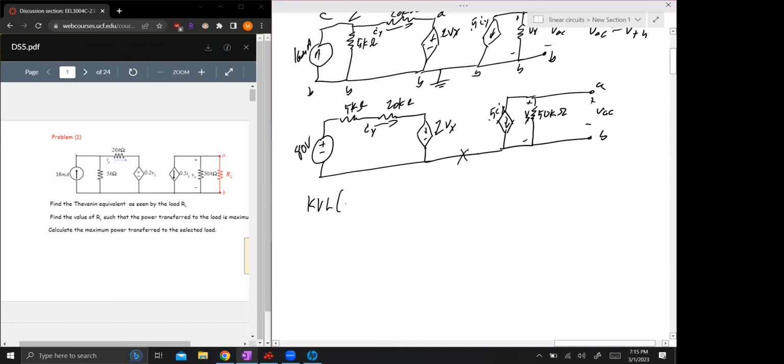So we're going to KVL just the stuff. I don't have a label or anything, but I'm going to say an 80 volt rise minus 25 kilo ohms times IY minus 2VX is equal to 0 is what I'm getting.